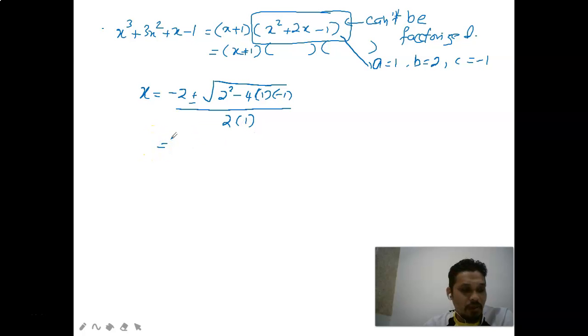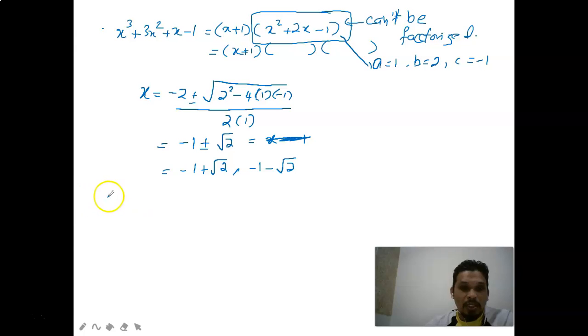So from here, we can come up with a result of negative 1 plus or minus the square root of 2, which means that x equal to negative 1 plus square root of 2, or negative 1 minus square root of 2.